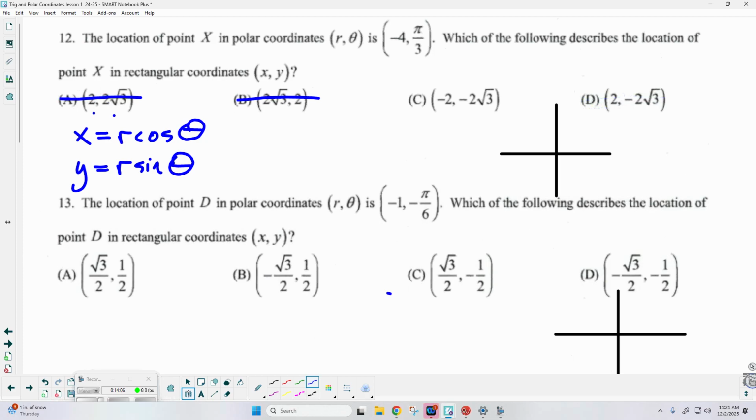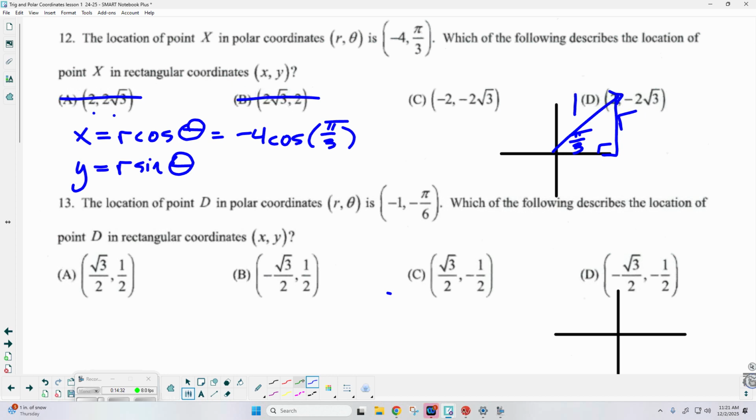Okay. Let's say I do want to go ahead and evaluate the radius is negative 4 times the cosine of the pi over 3 that we got. Okay, so I'm going to go ahead and draw the angle pi over 3. I'm going to use that to create a right triangle. And remember, I'm always going to default back to the unit circle. We're going to say the radius is 1. What was across from 60?